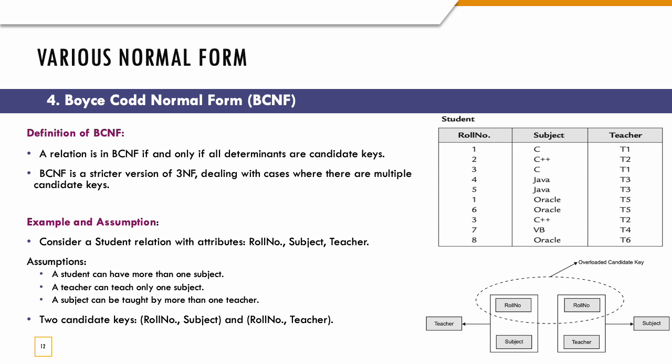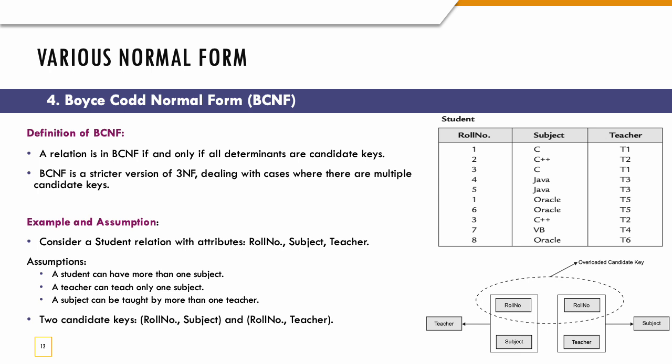A determinant is an attribute or set of attributes that determines another attribute. So in BCNF, all the attributes that can determine other attributes must uniquely identify rows. It means that they must be candidate keys.